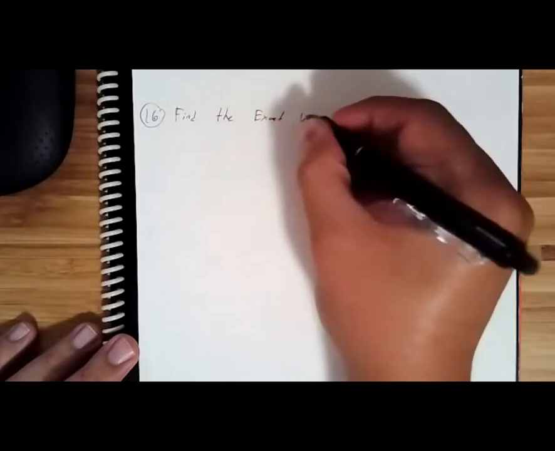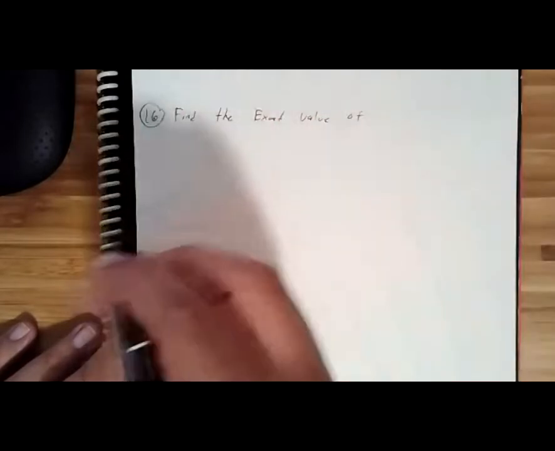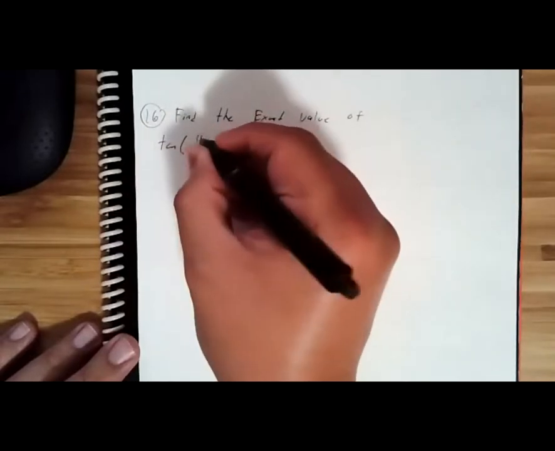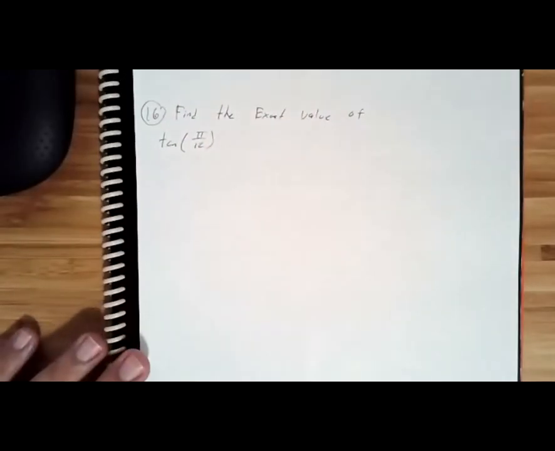So find the exact value of the following: tangent of pi over 12. There is no pi over 12 on your circle, correct?